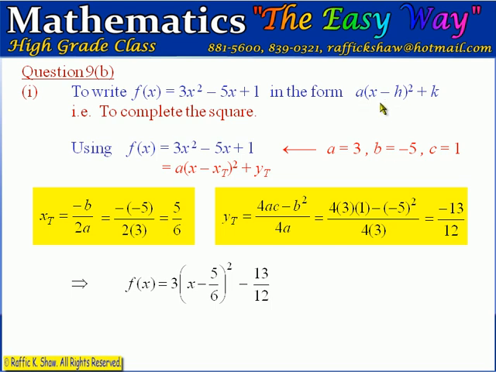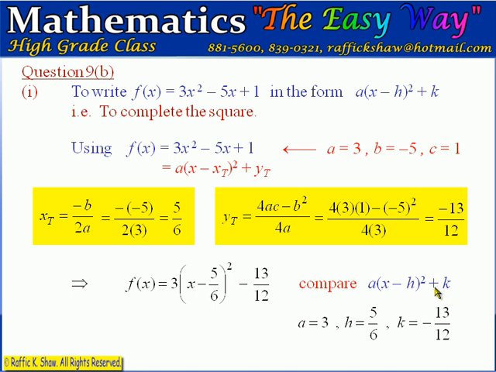Now the question wanted us to give the value for a, the value for h, and the value for k. So we have to compare our final vertex form with the form that was given. When we compare these forms, we see that a is 3, h is 5 over 6, because we have minus h here and we have minus 5 divided by 6 here.